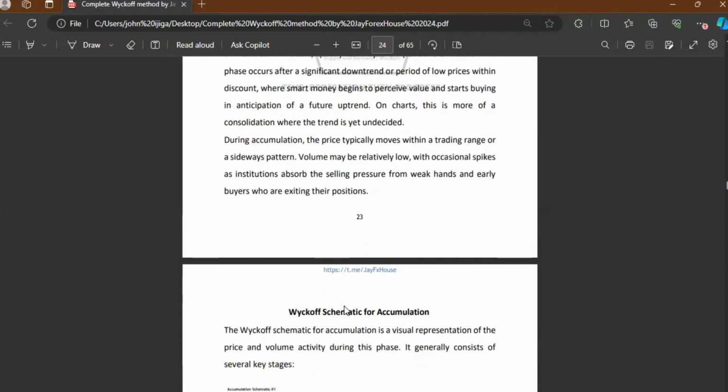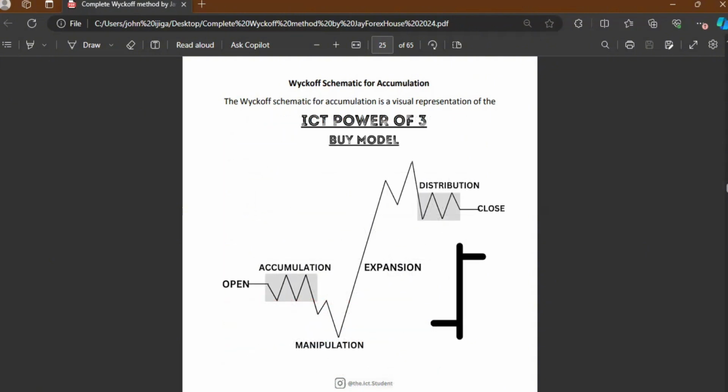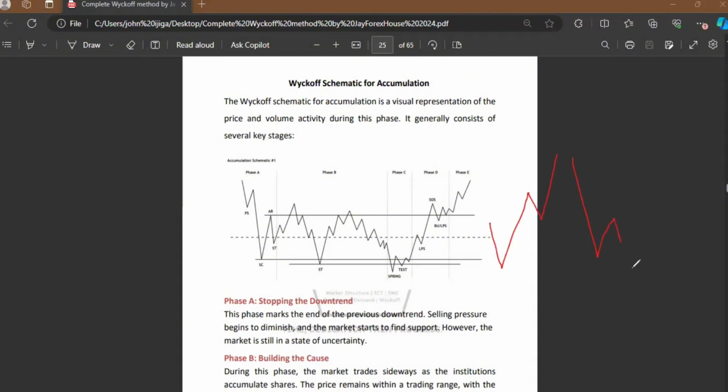All right, so it's like every other accumulation method, from ICT to Wyckoff, using price action. They're all the same. It's talking about a phase in the market, which is basically a consolidation, happening within a sideways movement. Price doesn't really move in a single direction like an uptrend or a downtrend.